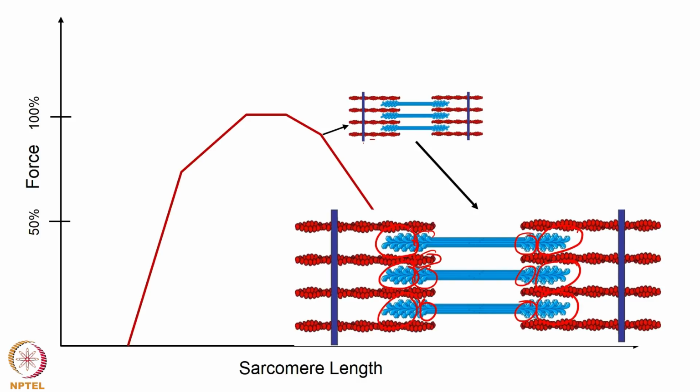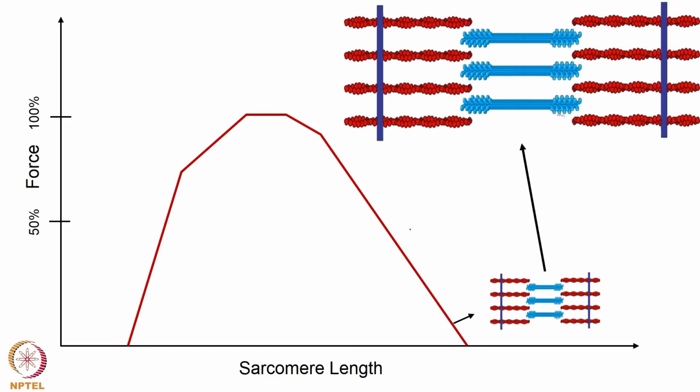Then what happens if I further increase the length? At that regime, there is very little, if any, overlap between myosin and actin. Actin again is in red and myosin is in blue.